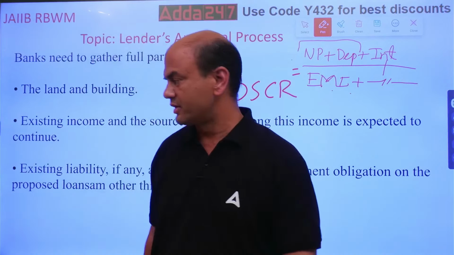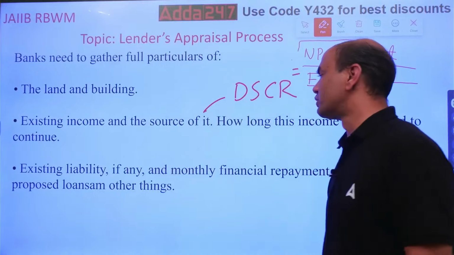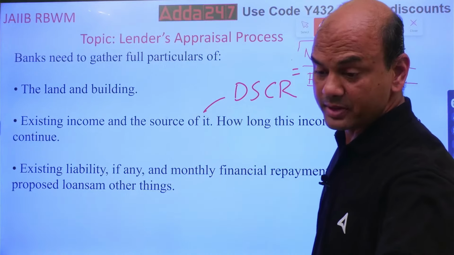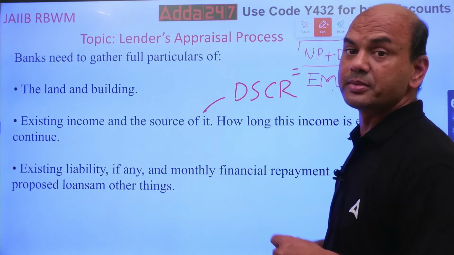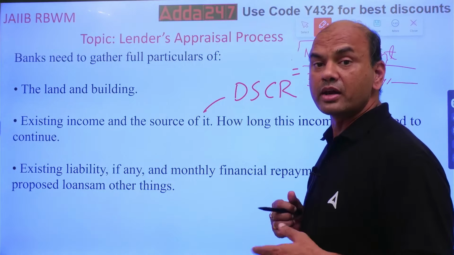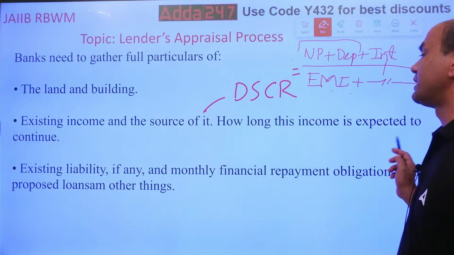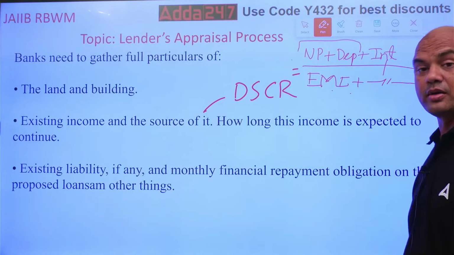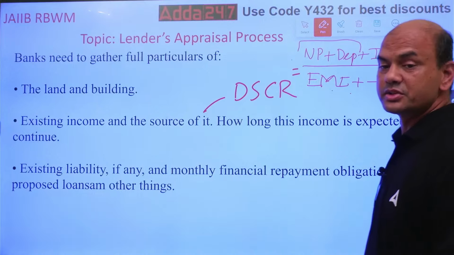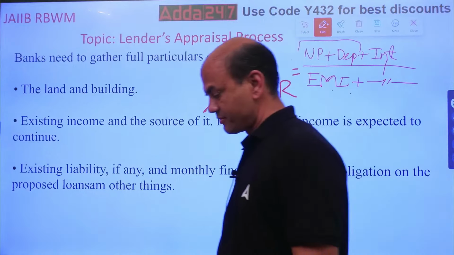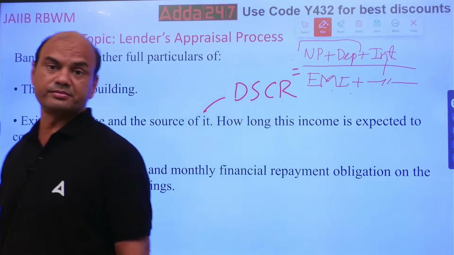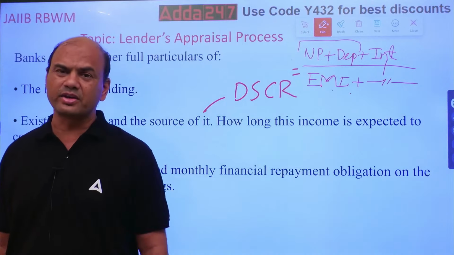So, coming back, existing income and the source of it, whether that person will be able to repay the loan, whether that person will be able to cover our EMIs, and how long this income is expected to continue. That is also important nowadays. Nowadays the jobs are such that nothing is stable, isn't it?